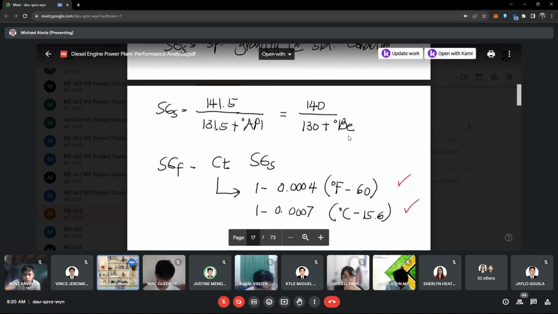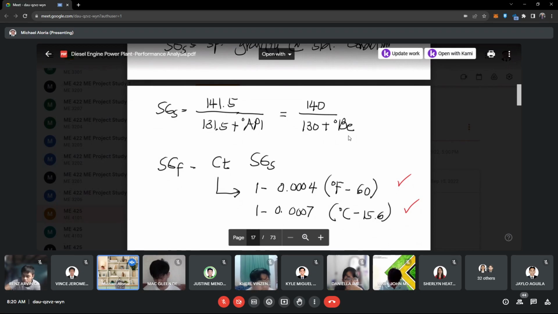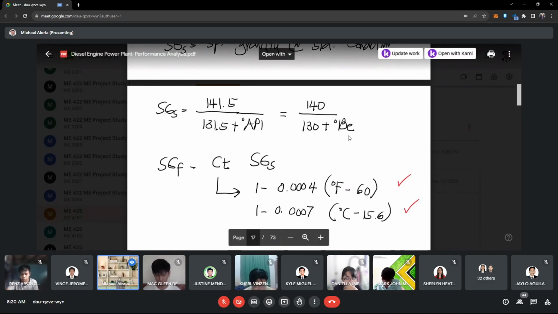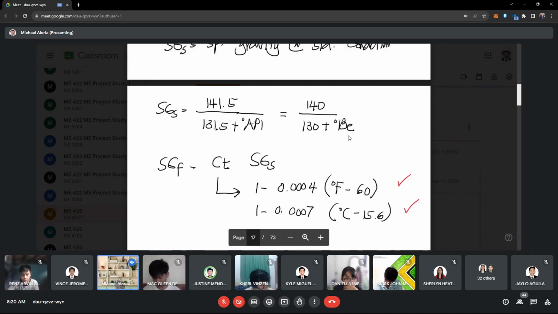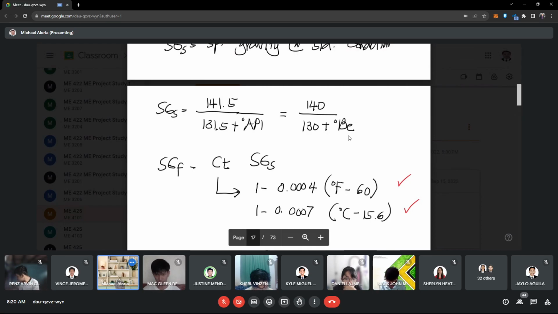So if you're given your degree Fahrenheit temperature of the fuel, then we have your temperature correction factor, which is equal to 1 minus 0.00004 times your degree Fahrenheit minus 60. 60 is your reference temperature. However, if you are given your degree Celsius, then 1 minus 0.0007 times degree Celsius minus 15.6.